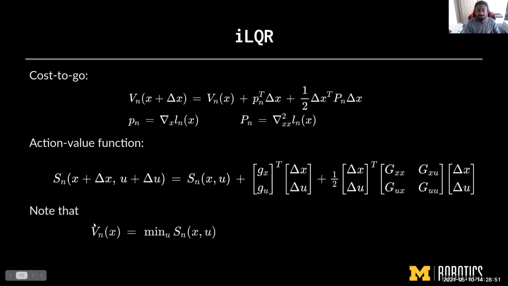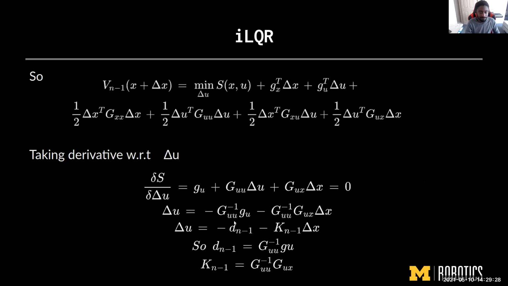Given this expression, what we basically want is an expression for the u that minimizes this action value function. That's all we want. In order to get this minimal u, in the next slide we replace this Q sub n of x, u with the whole expression of x sub n.